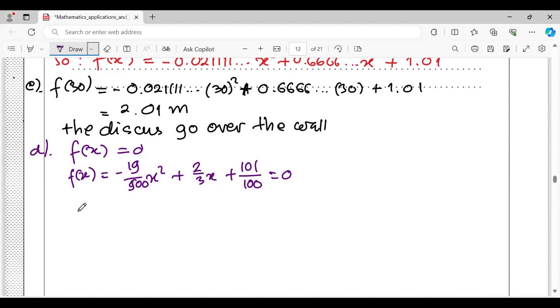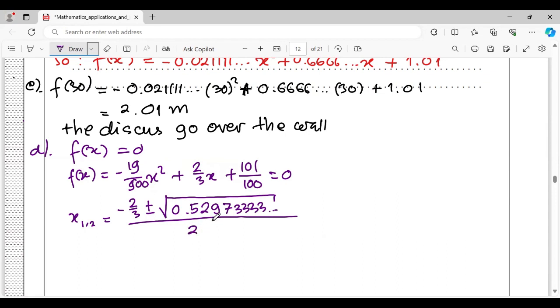If we find the x value through this formula, where this is a, b, and c, it's going to be minus 2/3 plus or minus the square root of 2/3 squared minus 4 times this number times this number, which gives 0.5297333, so on, over 2 times this number, which is minus 38 over 900.